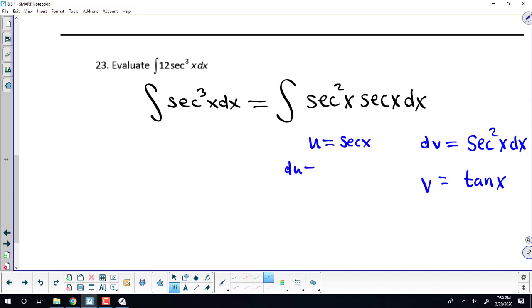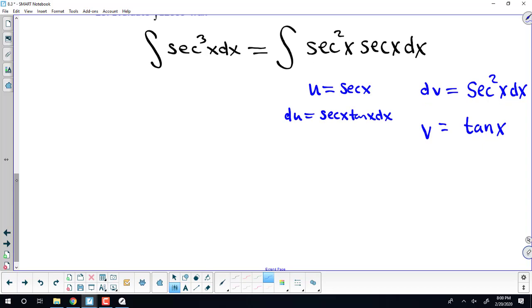The derivative of secant is secant times tangent. So at this point there's really no indication that this is even going to work out. We're just going to see what happens.